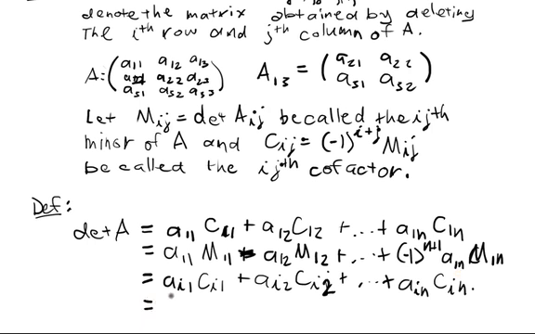But this is also equal to expansion along any column. So I have A_1j C_1j plus A_2j C_2j plus all the way up to A_nj C_nj.